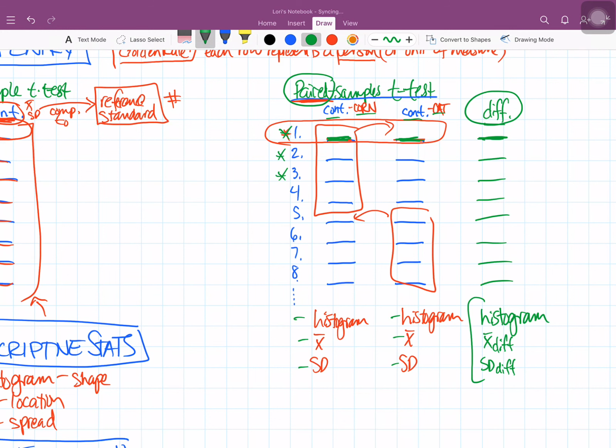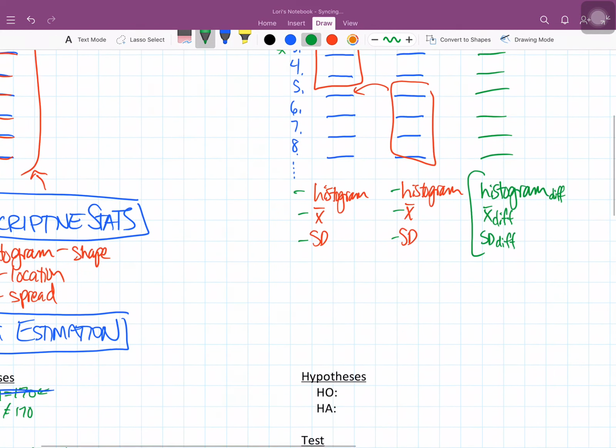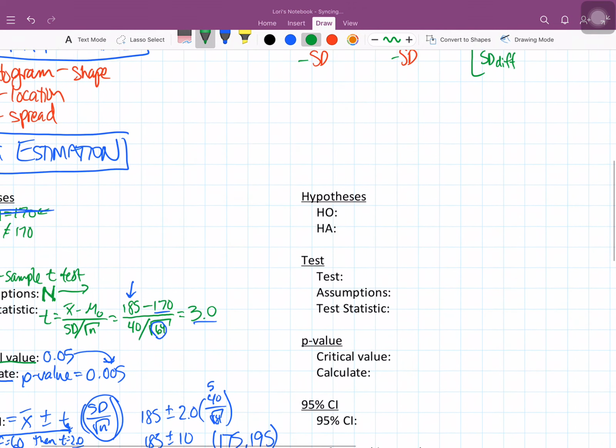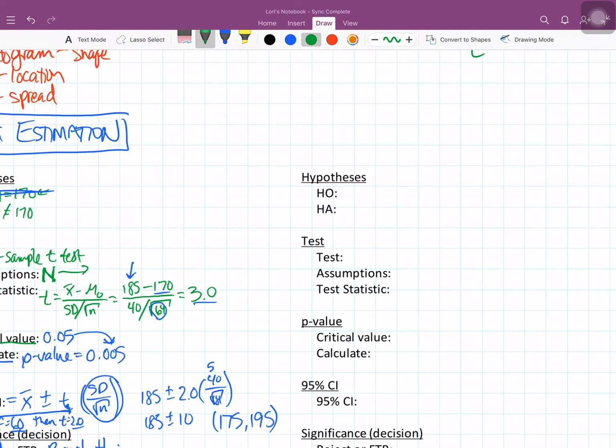So here we have a histogram of the difference, an X bar of the difference, and a standard deviation of the difference. Our null hypothesis is that the mean difference is equal to 0, and our alternate hypothesis is that the mean difference is not equal to 0. So was there a change?